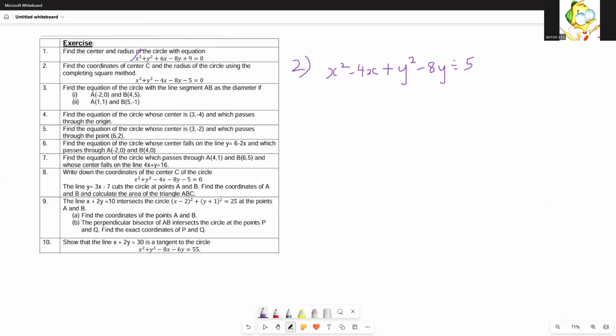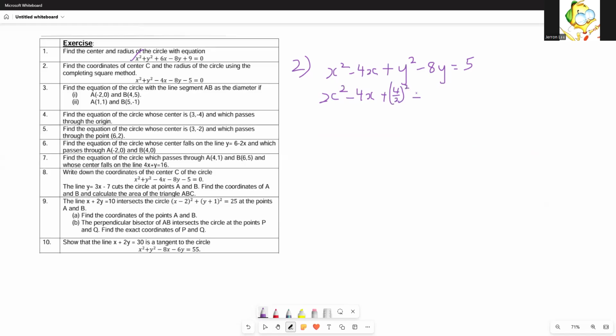After we have done this, now it's time to complete the square. So basically, that will be x squared minus 4x, and we're going to add the (4 over 2) squared. This is what you're going to add, so take note of that.